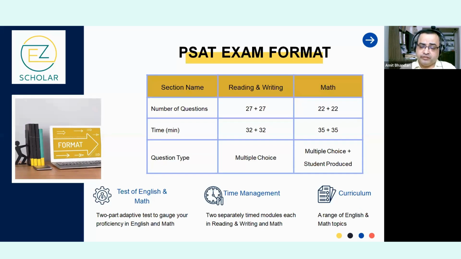Supposing I get only 15 questions right in the first section, the second section will have easier questions, but my overall score is going to be lower than the student who got all the 22 right, by and large. So this is an adaptive test. Adaptive means the test adapts to the test taker's level of understanding and knowledge and adjusts itself accordingly. Technology allows us the use of this feature, and that really allows the College Board to peg you down really well.